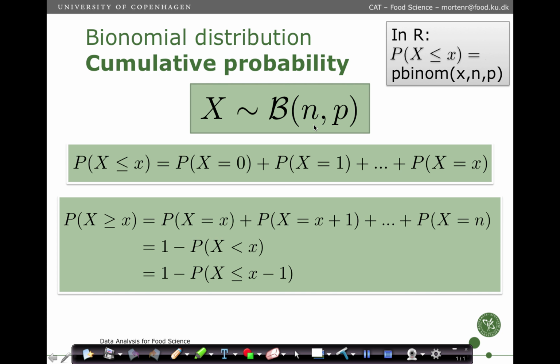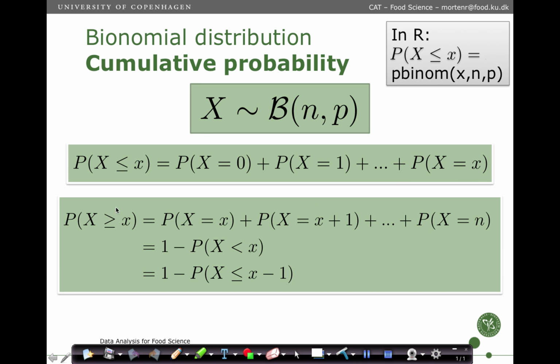In hypothesis testing, we use the so-called cumulative probability distribution in order to answer the questions raised by the hypothesis. A recap on that: you take the probability of observing an x less than or equal to a given number, which is simply summing the point probabilities of 0, 1 and up to the given number x.